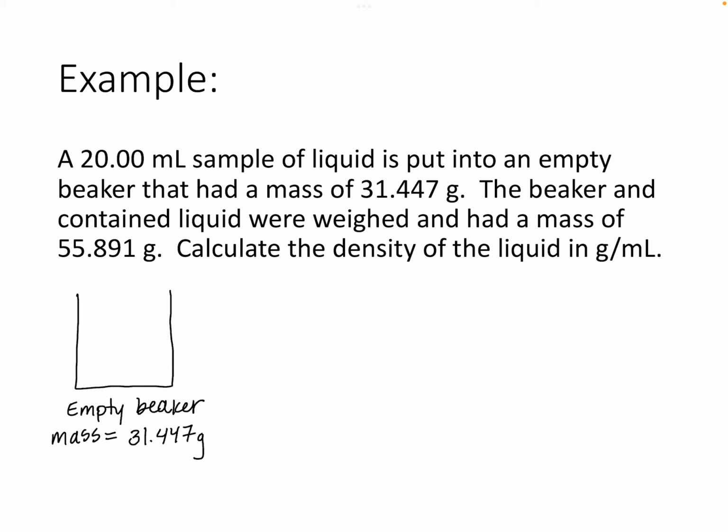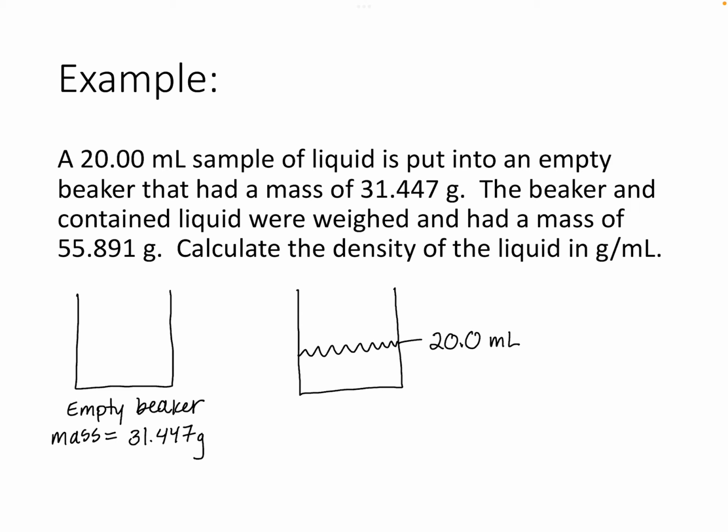All right. And then it says the beaker and the contained liquid were weighed and had a mass of 55.891 grams. Okay, so let's say we have our beaker and we add the liquid. And remember, the liquid had a volume of 20 milliliters.